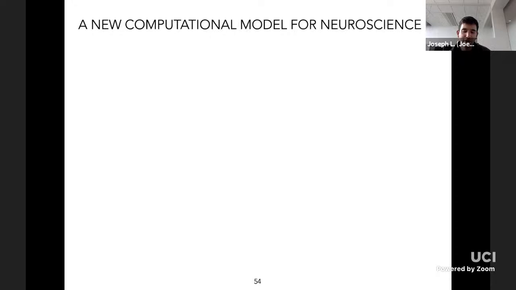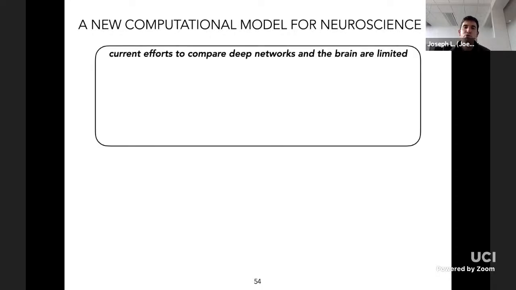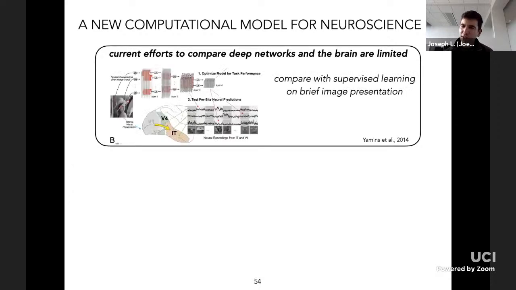So what I see in terms of trying to do these correspondences is that we can move beyond our current comparisons between deep networks and neuroscience. Currently, most of the efforts in trying to link up deep learning with neuroscience just revolve around supervised learning, and it's really in this paradigm of brief visual presentations of images.